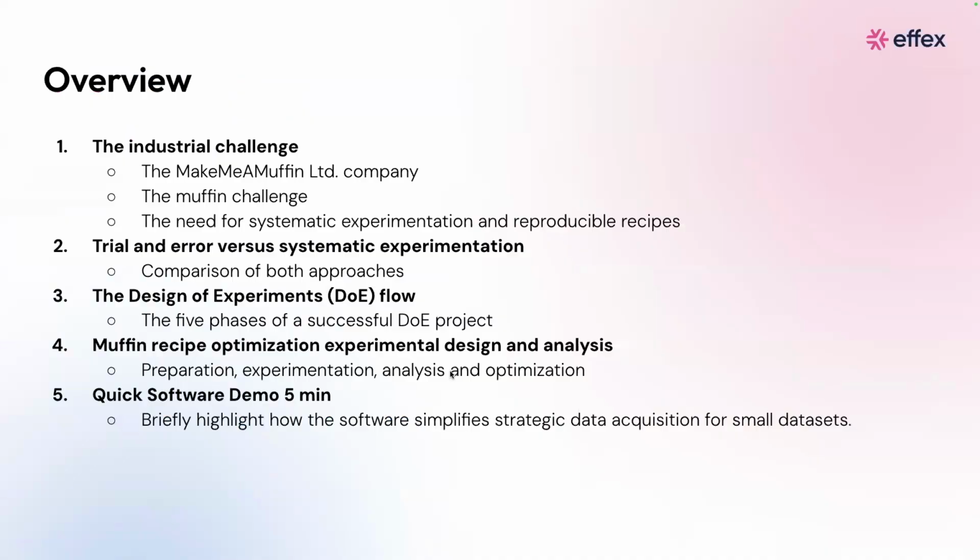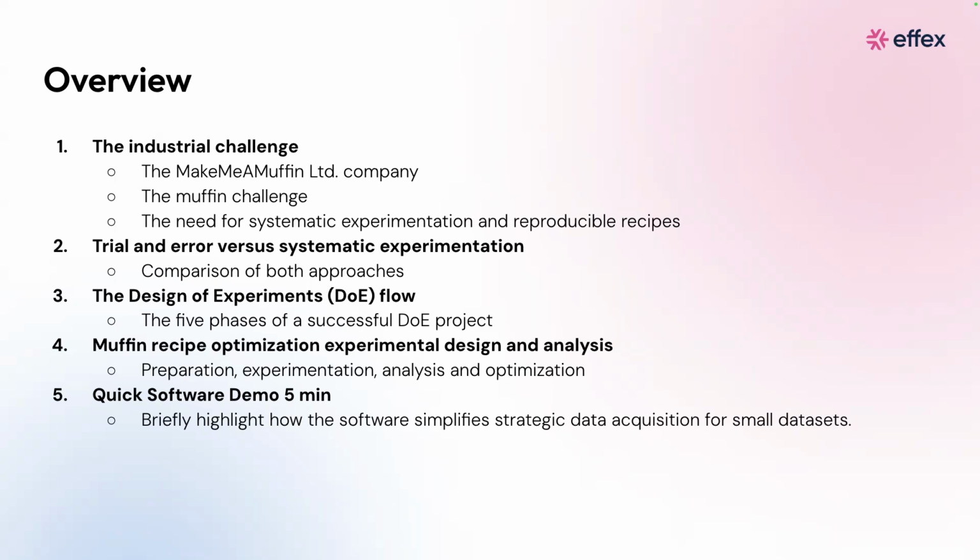So overview, we're going to start with an industrial challenge of a makeup company that is related to strategic data acquisition or design of experiments. We will then move to compare trial and error versus systematic experimentation. So an intuitive way of gathering data versus a systematic manner.